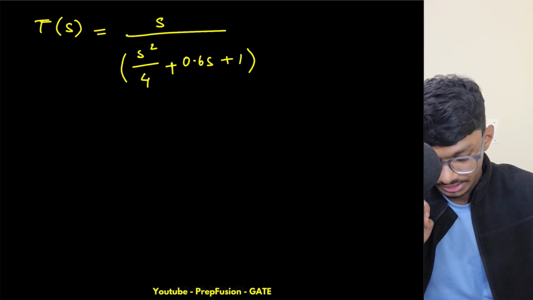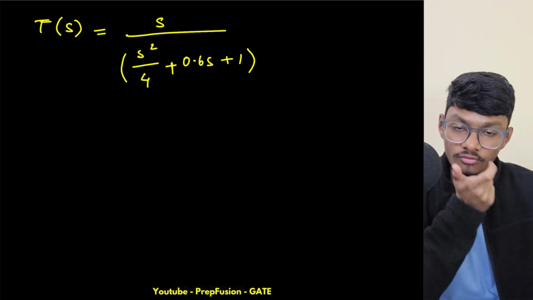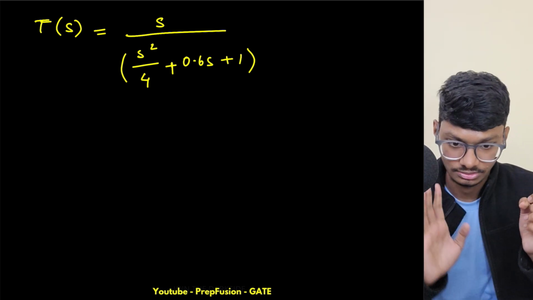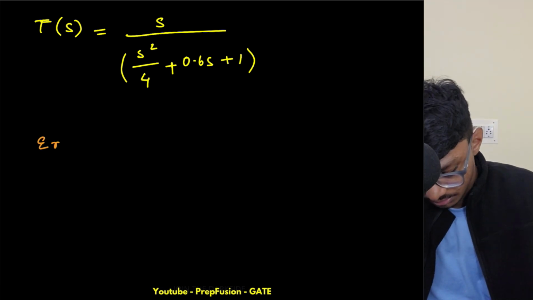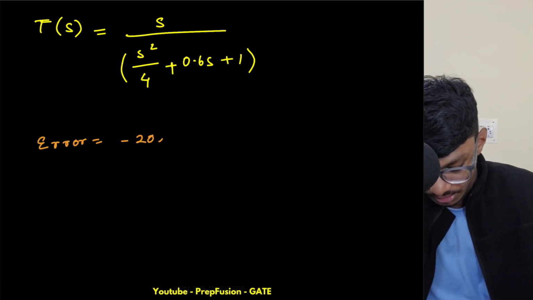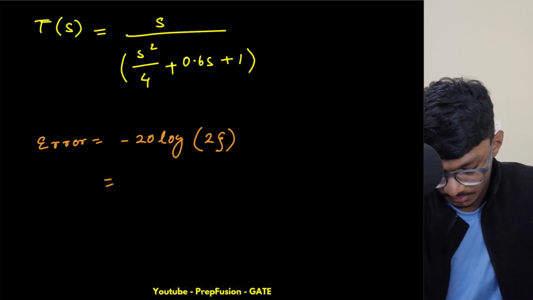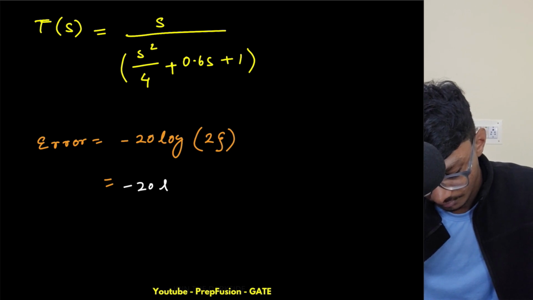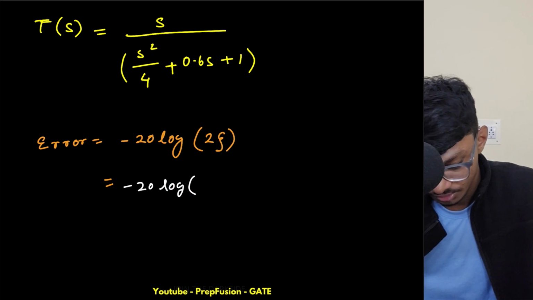What about my error? Error is simply minus 20 log of 2 zeta. If you want to remember the formula, you can remember it, or you can derive it from the basics. I have derived it from the basics also. So error equals minus 20 log of 2 zeta.